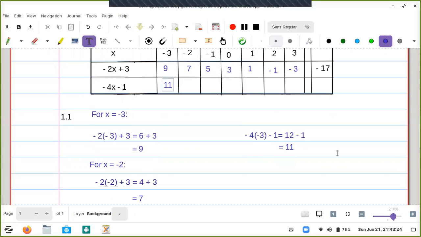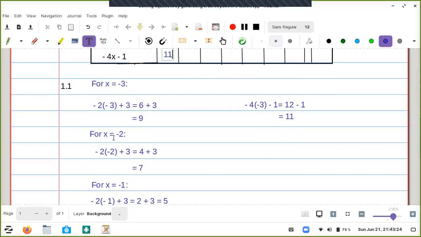Then I move on to x equals minus 2. What is the expression going to be if we substitute our x by minus 2? Then minus 4 times negative 2 minus 1, which is equal to negative 4 times negative 2, we get positive 8 minus 1.